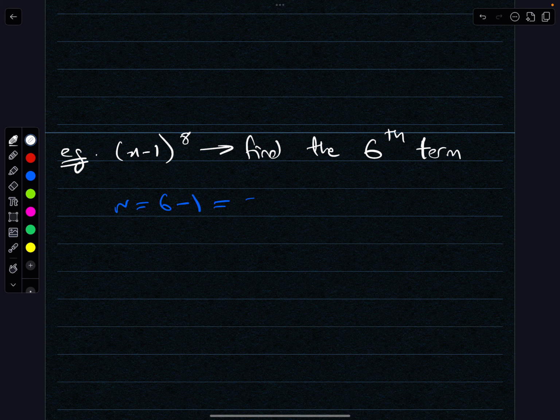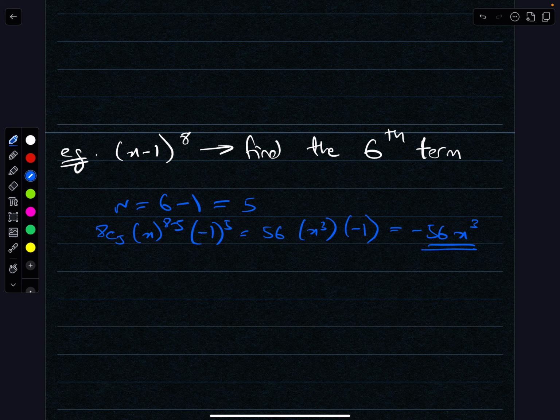So the value of r is 1 less than the required term. So it's 6 minus 1 is equal to 5. Thus, I'll write the expansion as 8c5 x^(8-5) and (-1)^5. So 56 is 8c5, x cubed, minus 1 since it's an odd power. So minus 56 x cubed is my answer.